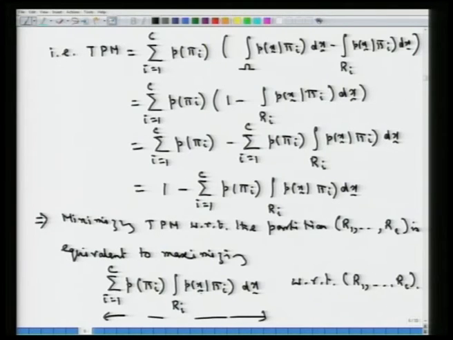Now, the optimizing partition which is going to maximize this particular expression star is going to be the set of all x's for which the corresponding term p of pi i into p of x given pi i is the maximum.